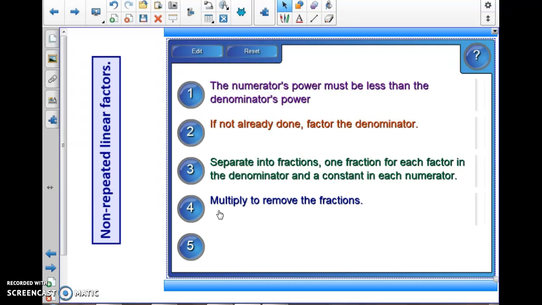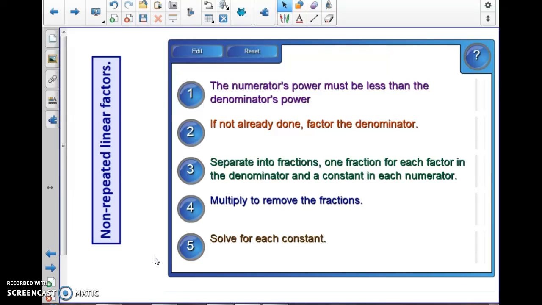Step 4 will be to multiply by the common denominator to eliminate the fractions. You want to get rid of the fractions in step 4. And finally, step 5 is where all the work is occurring, and you're going to do some solving for each constant. There are a couple of ways to go about solving, and I'm going to try to show you at least one of them today, maybe both if we have time in our 15-minute video.